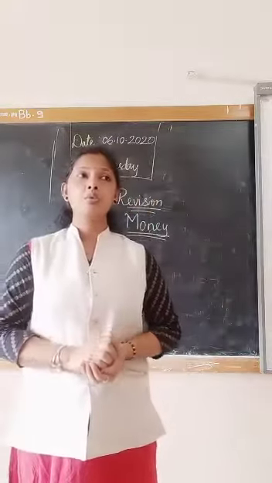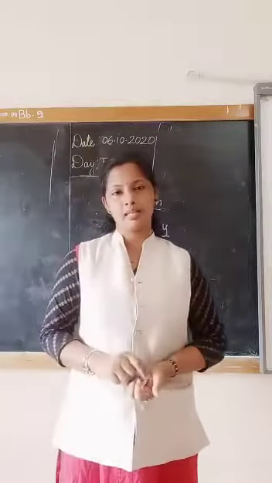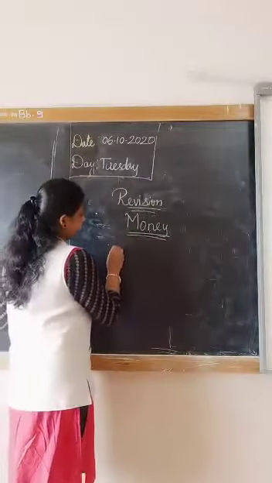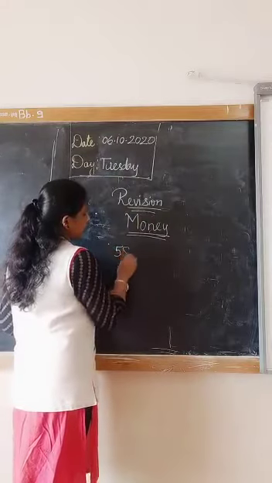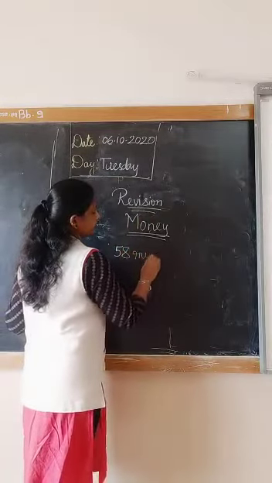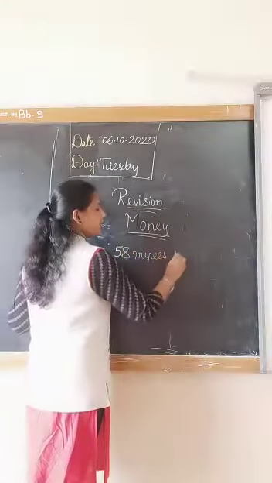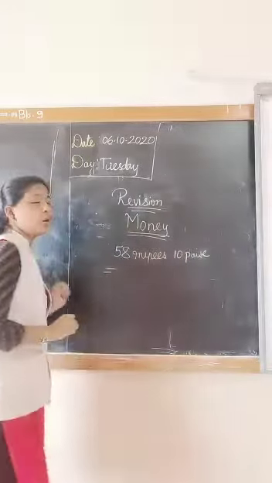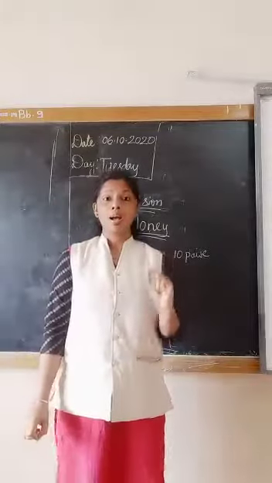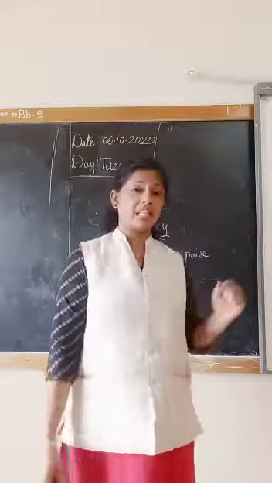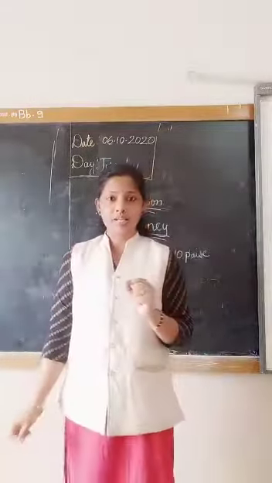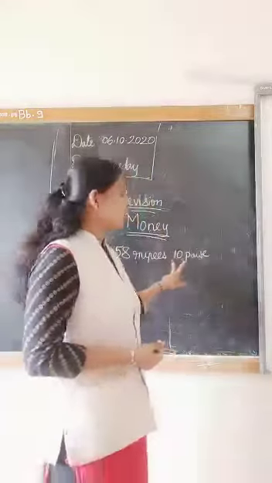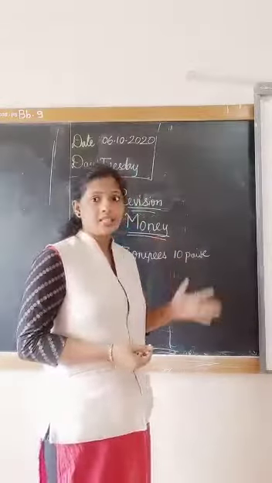First one: how to write the given rupees and paise in decimal form. Simple. It will be given like 58 rupees 10 paise. Then how will you write the decimal form? One thing you have to remember: after the decimal point in this chapter, always 2 digits must come. Here it's 10 paise, so there are 2 digits.